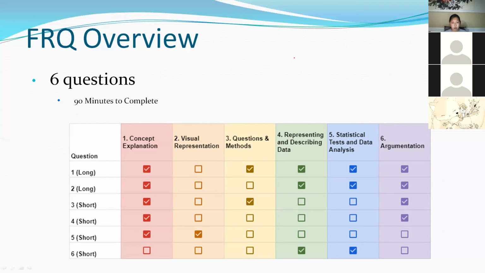All these things are shown, and you can see what is going to be tested. So there's concept explanation, visual representation, questions and methods, representing and describing data, statistical tests and data analysis, and then argumentation. And then here, which questions have which skill.